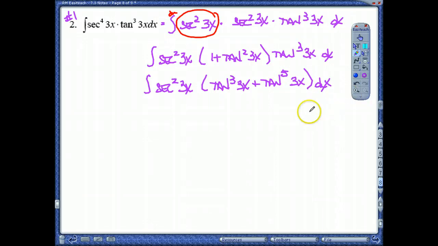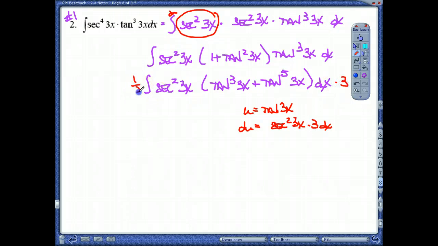Okay, so now when I do my u, that's tangent of 3x, which means du is going to have to be secant squared, got it, times 3. Ooh, don't got it. So I have to put that 3 in, counteract that with a 1/3. Not a problem. You just have to pay attention to your u substitution.